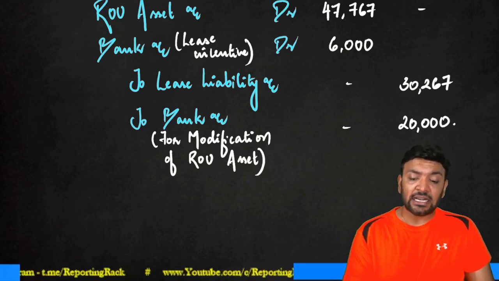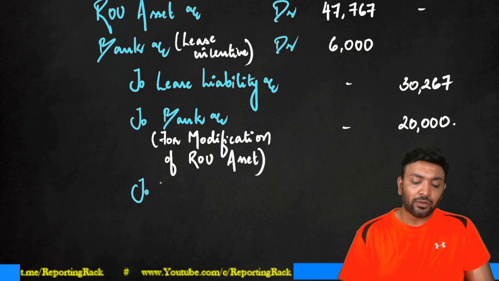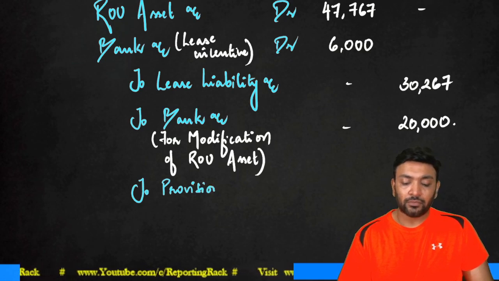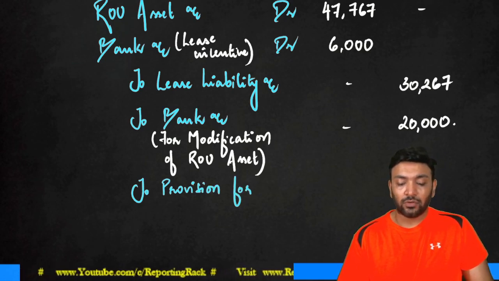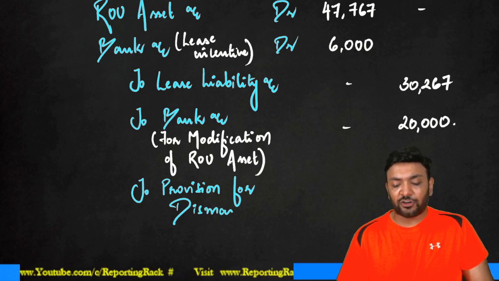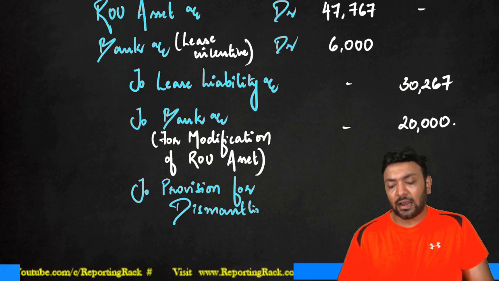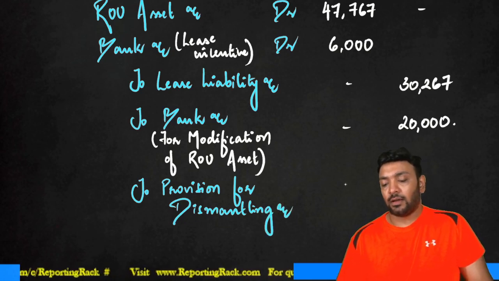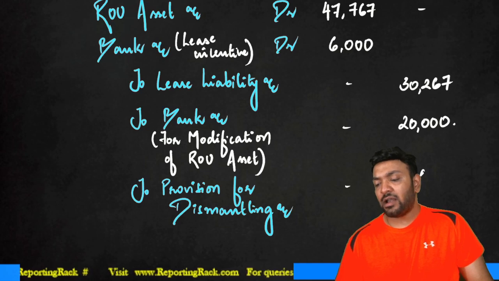Additionally, one last item which I have to record is provision for dismantling. The provision for dismantling, removal and site restoration, another 3,500.